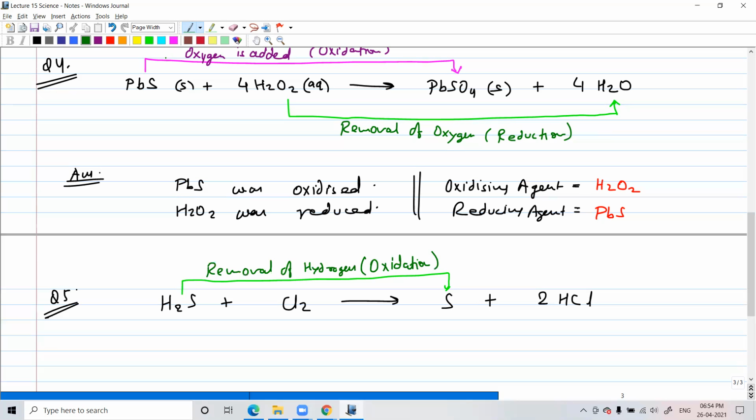Okay, I think I used a different color combination. I always use this, right? So let me use the same thing.